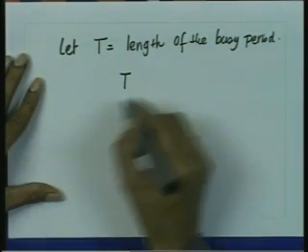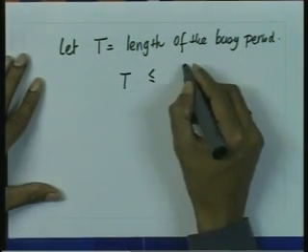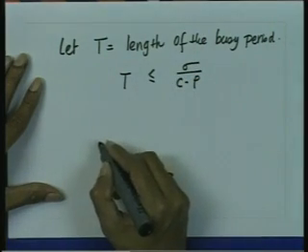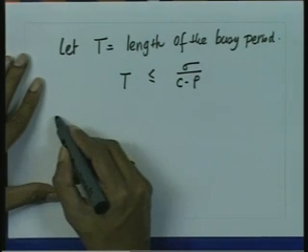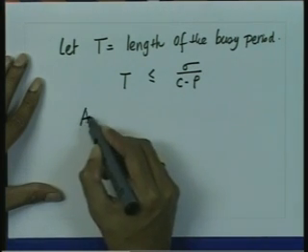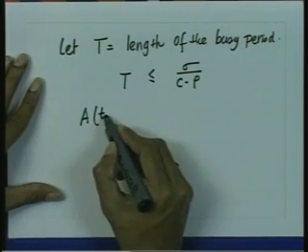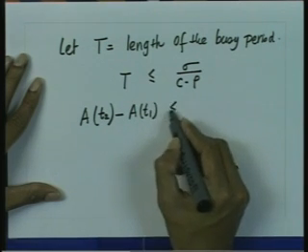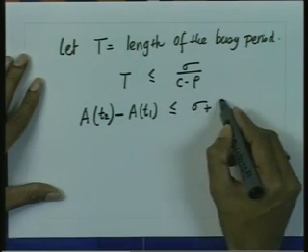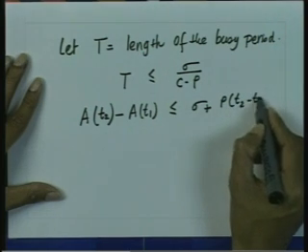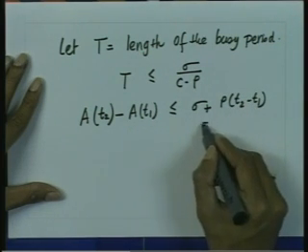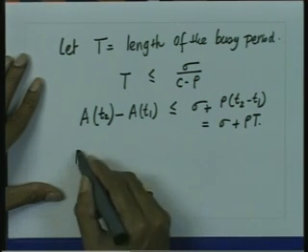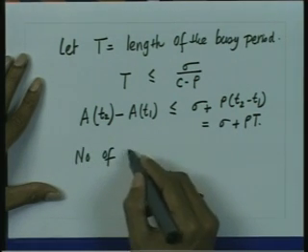Then all we need to show is that capital T is less than or equal to sigma upon c minus rho. Now note that the number of packets arrived during the interval t1 to t2, that is A(t2) minus A(t1), is definitely less than or equal to sigma plus rho into (t2 minus t1), which is equal to sigma plus rho T. What is the number of packets which are transmitted?